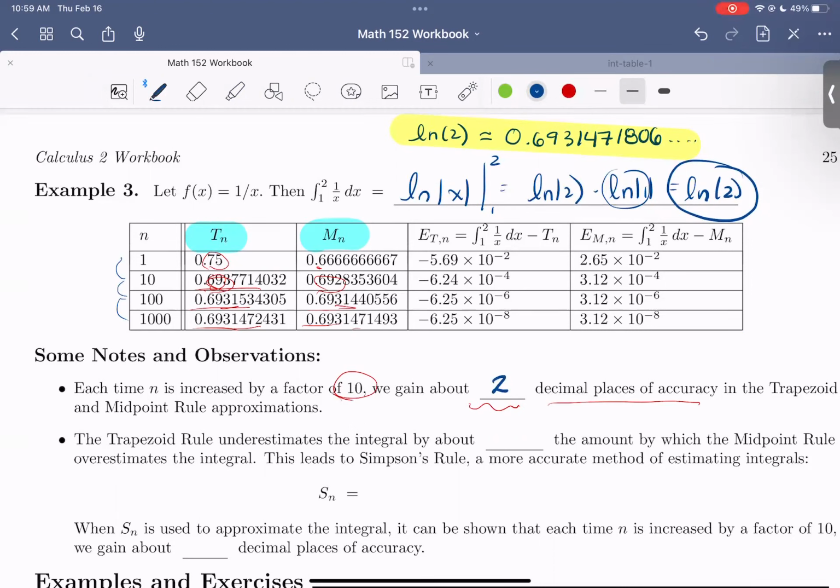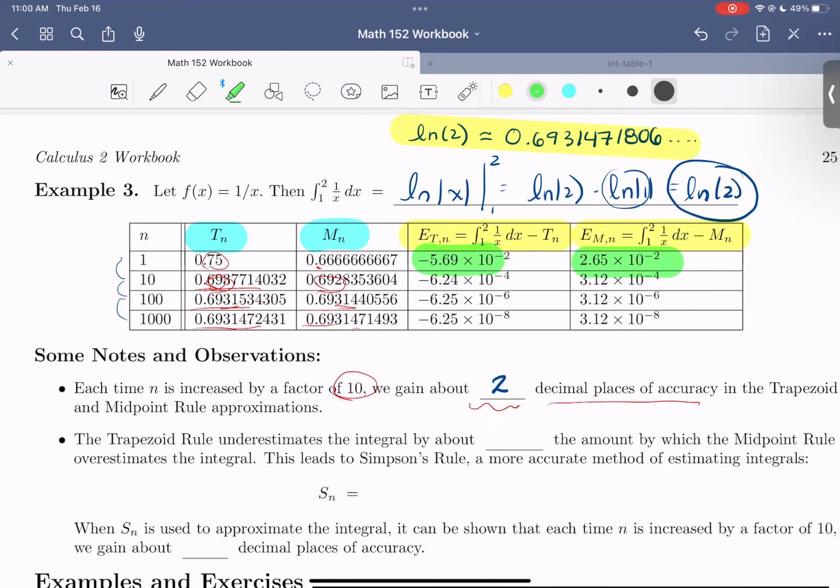And then here we have the trapezoid rule underestimates this integral by about blank the amount by which the midpoint rule overestimates the integral. So here we need to look at the errors of each. How do these errors of these two different approaches differ?